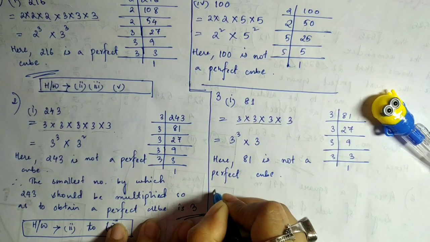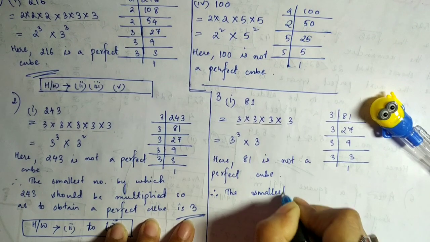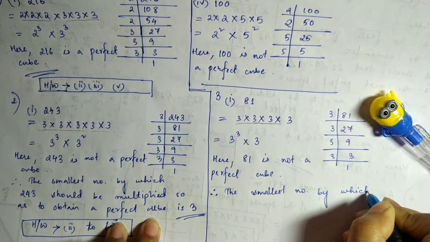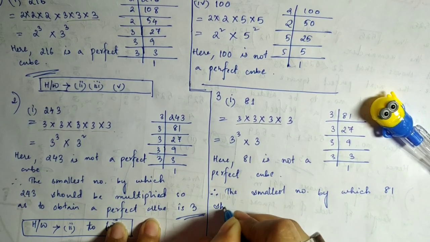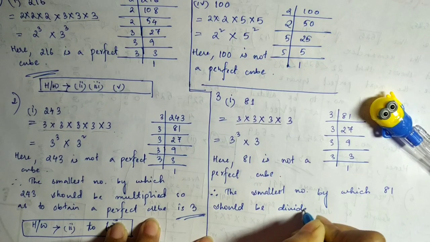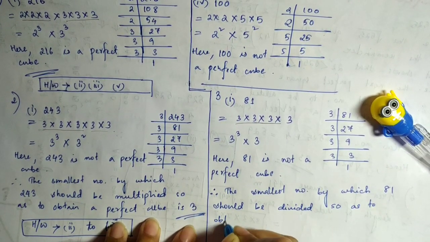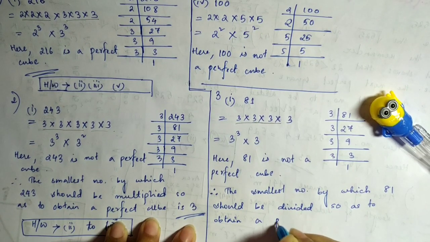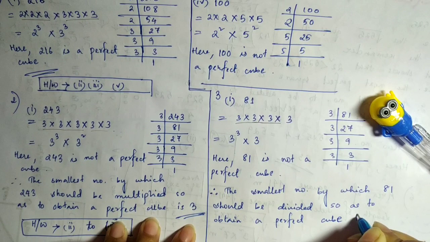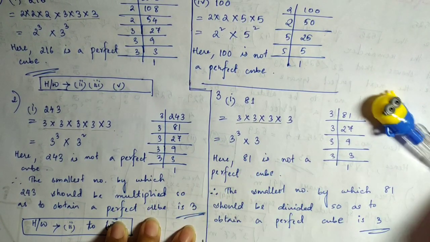Therefore the smallest number by which 81 should be divided so as to obtain a perfect cube is 3. So if you divide this number by 3, I can show it here.